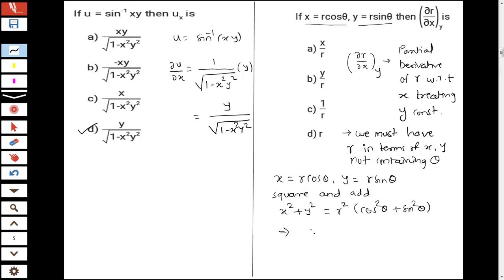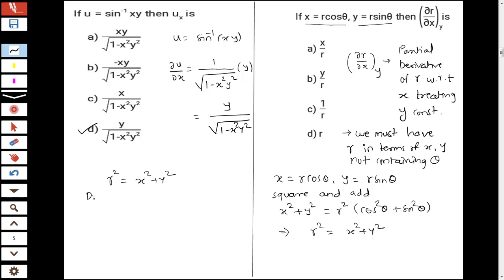So this will give you r square is equal to x square plus y square, because of the basic trigonometric identity cos square plus sin square is 1. So now we have r square is equal to x square plus y square.